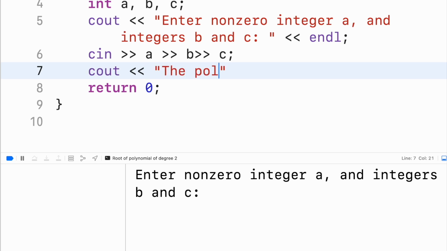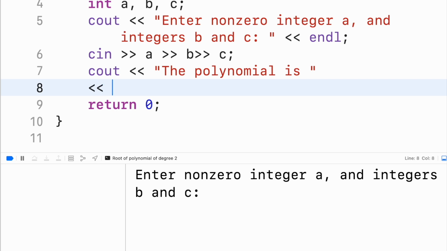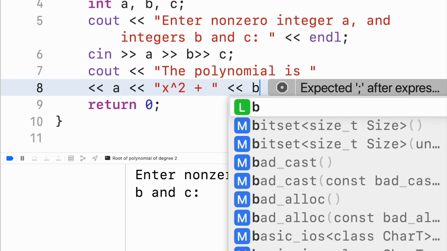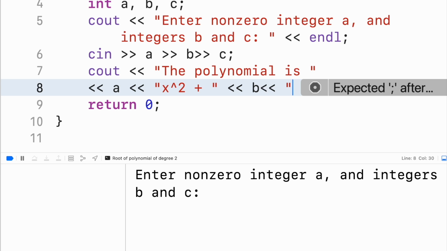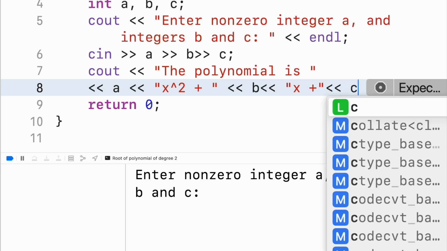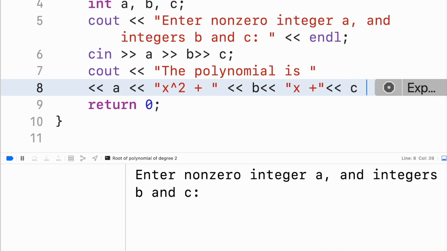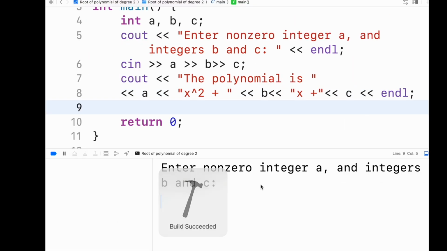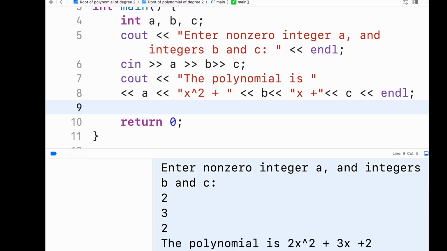So we print the polynomial is a x squared plus b x plus c and endl. We run it and enter three integers and we see our polynomials.